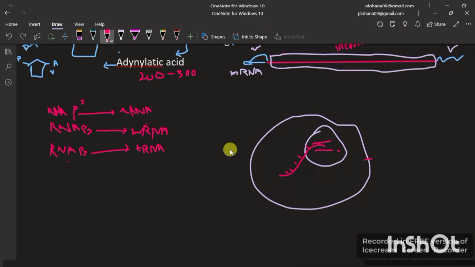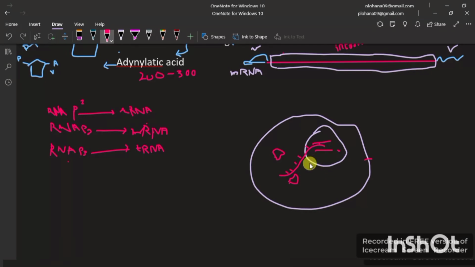Alright, so as you can see, if we go with an example, let's suppose rRNA is already made and it has come to the cytoplasm. This burger-like structure is the ribosomes, and these are made by rRNA, ribosomal RNA.